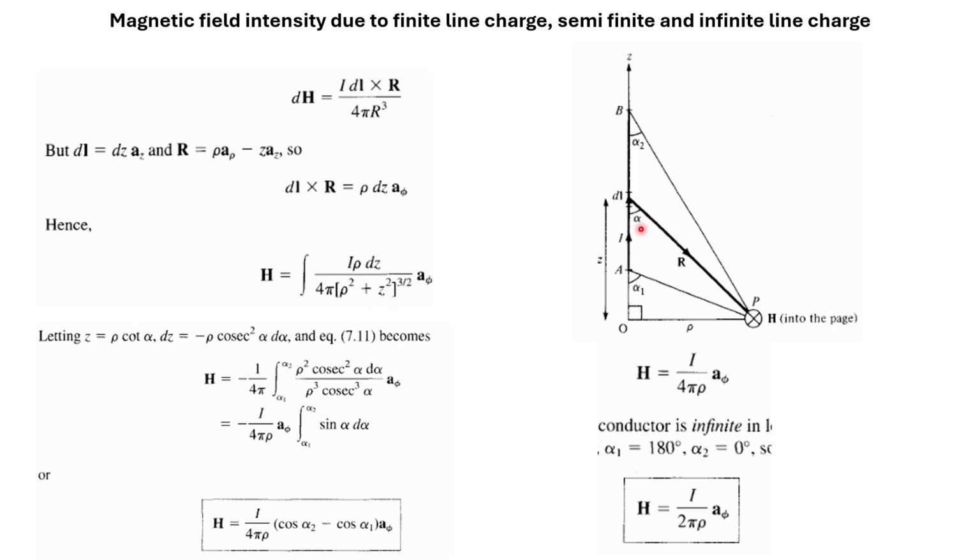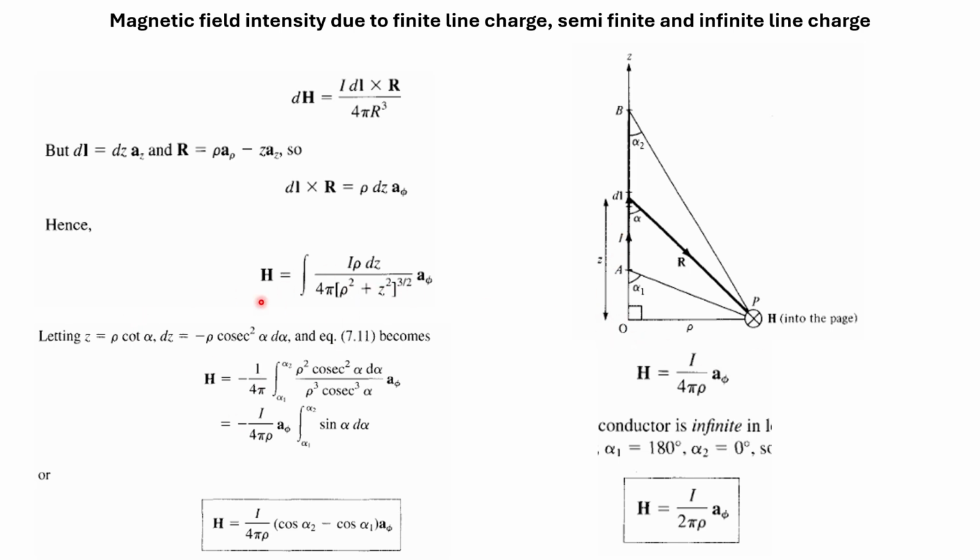Here rho is the distance from the point O to the point P, and z is from O to dl. Since dl to point P is R, R will be the square root of z square plus rho square.